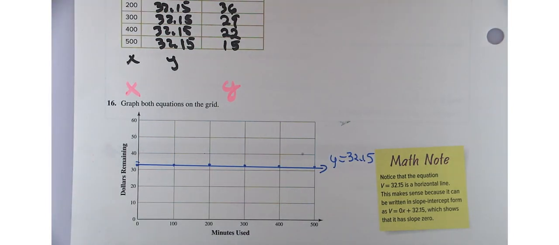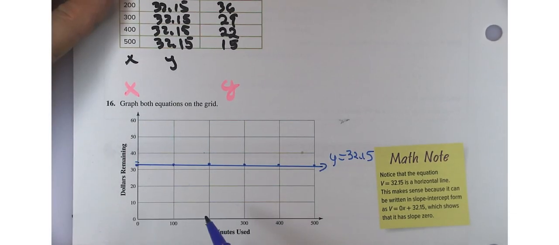How about the next one? Let's see, we've got 0 and 50.